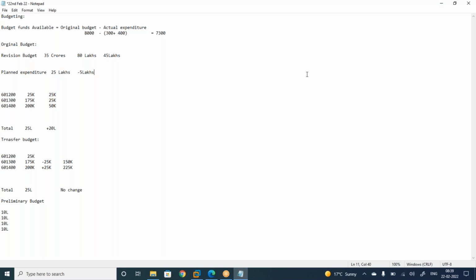That is a preliminary budget declared by the UPA government, the earlier government. Once the new NDA government was formed, in the month of June they declared the budget amount for the remaining 8 months. That is preliminary budget.